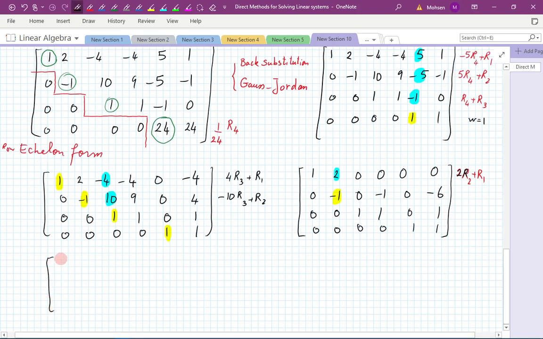What comes out of this? Let's write it. I'll have 1, 0, 0, -2, 0, -12, 0, 1, -1 now, 0, -1, 0, -6, 0, 0, 1, 1, 0, 1, 0, 0, 0, 0, 1, 1.